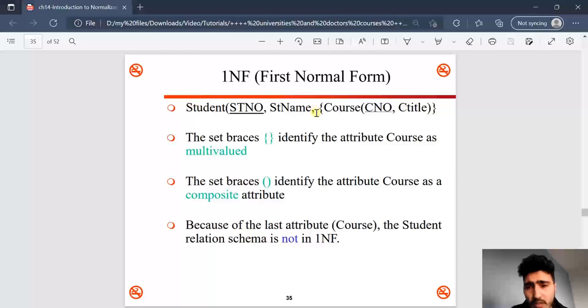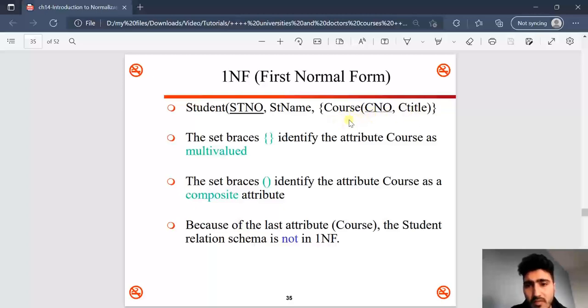If we look at this attribute, we can see that the set braces here identify the attribute course as multi-valued, which means a student with a specific student number can take a list of courses, each course composed of course number and course title.